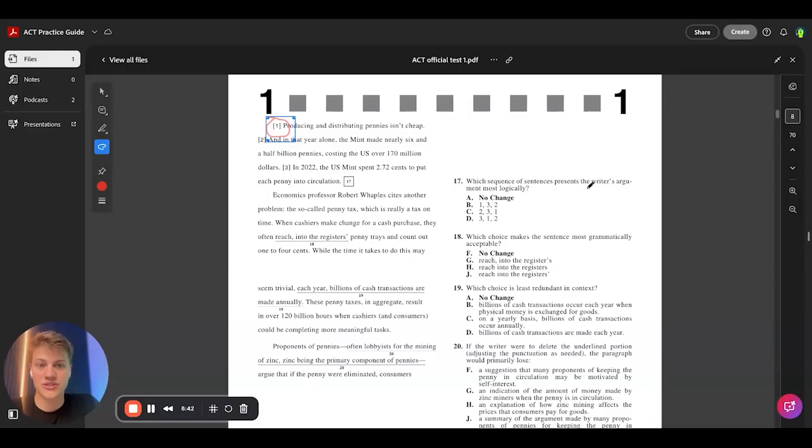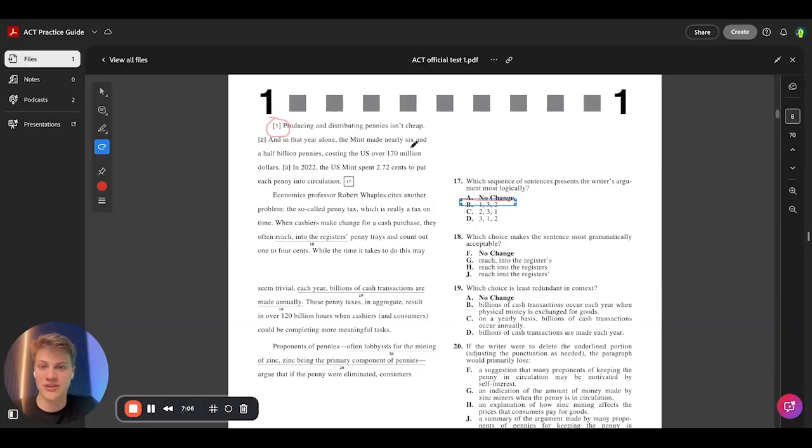Question 17, which sequence of sentences presents the writer's argument most logically? Well, A, no change, is wrong, right? Because we just read it and it made no sense. B, sentence 1 first, sentence 3 second, and sentence 2 third. Let's read that. "Producing and distributing pennies isn't cheap. In 2022, the US Mint spent 2.72 cents to put each penny into circulation.